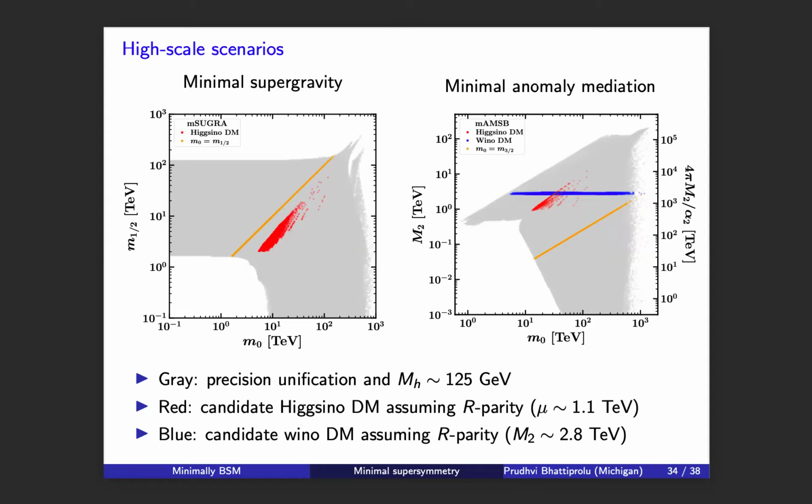Isn't a lot of that gray region excluded because mu squared goes negative? At large M0 and whatever M1/2, if you run it, mu squared goes negative. That's why you're getting the Higgsino regions that are a couple of TeV, because if you go to the right of that, mu squared goes negative and there's no theory there.